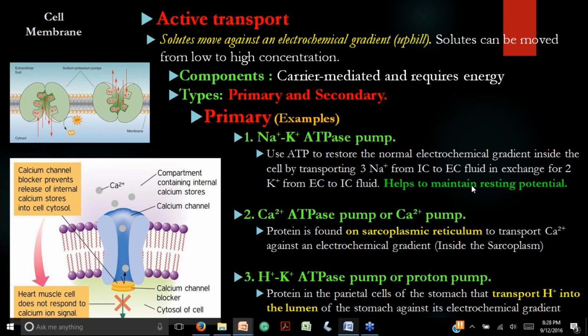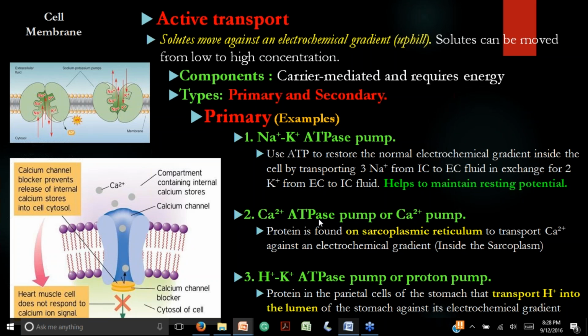The resting potential means that the cell is without any activity, so there are no electrolytes or minerals coming in or out. That is what the sodium-potassium ATPase is doing. So we are going to see some examples.